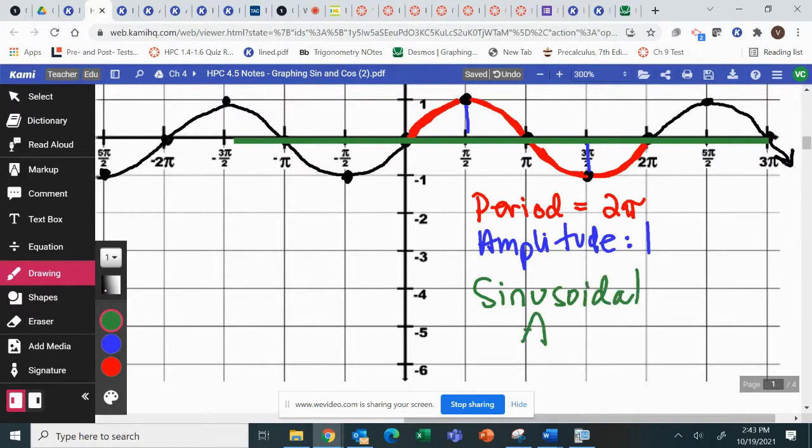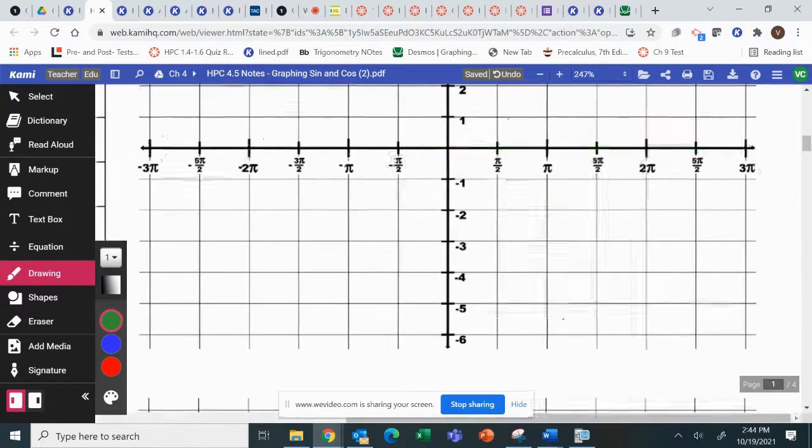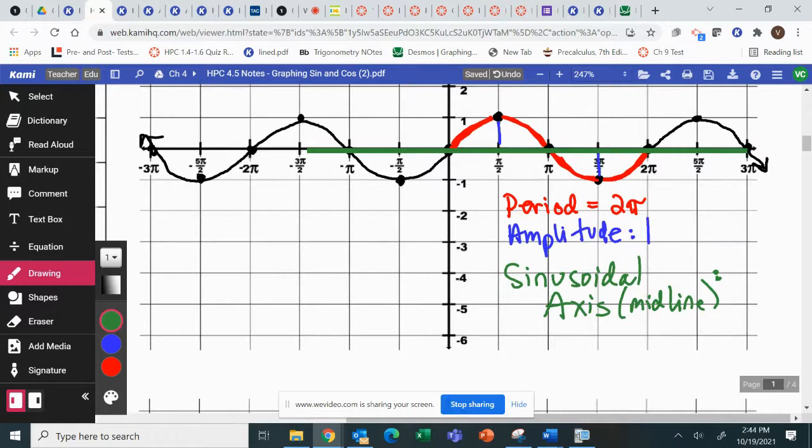And it's just the equation of that midline. So for the parent function, what line did I just draw in green? Y equals 0.